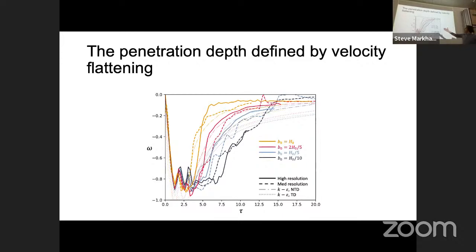Another way you could think about it is, as you have this density perturbation, it initially accelerates, but as the instability ensues, the downward propagation ceases to be coherent and the centroid ceases to subside at the same velocity. So you can pick some cutoff, it's a little bit ad hoc, but say -0.2 in these non-dimensional units, and you can define that to be the penetration depth.